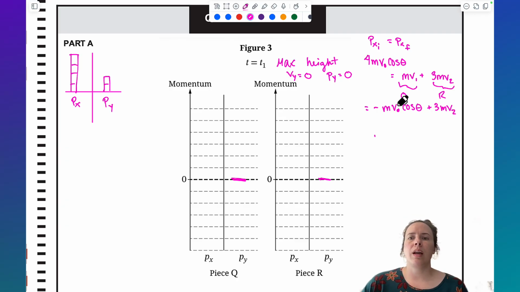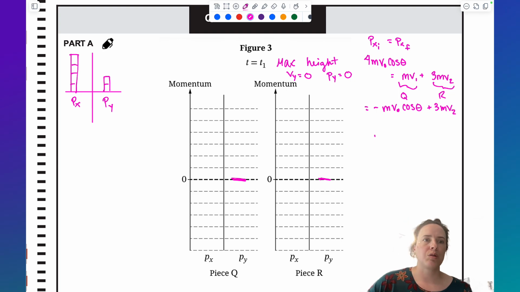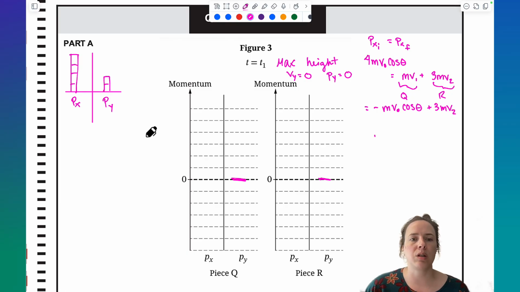So if I notice my initial momentum is 4m v naught cosine theta, piece q is m v naught cosine theta. That's 1/4 of the initial momentum, but in the negative direction. So I started with 4 boxes. 1/4 of that is 1 box, but in the negative direction because we're moving to the left now. So he's going to be 1 box down.